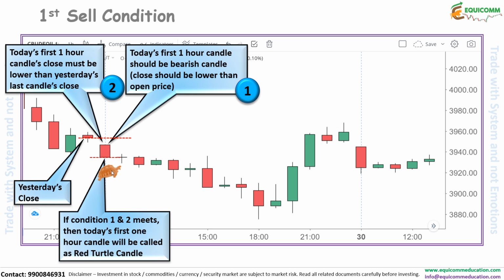So throughout the session we might use this terminology that we have got a red turtle candle. Then understand that this is that candle which has fulfilled these two criteria, number 1 and 2. So I hope you would have got clarity about the first sell condition. Let's make a move and see further.